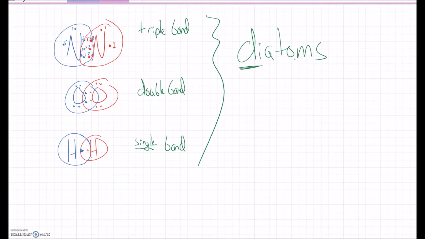So in nature, oxygen exists as O2. In nature, nitrogen exists as N2. In nature, hydrogen exists as H2. So to form stable bonds, they just find a buddy, somebody just like themselves, and they share electrons.